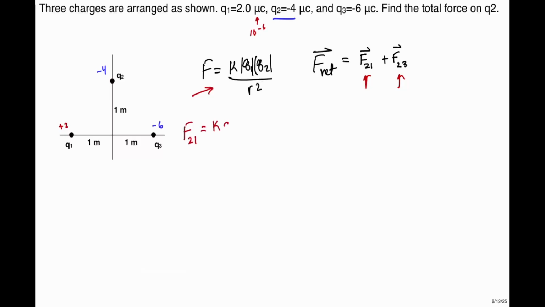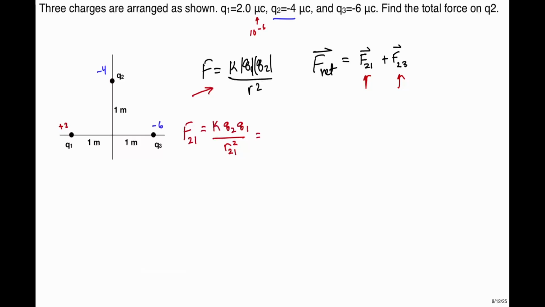I have to use charge 2, charge 1, and then the distance 2, 1 squared. See how I've picked up some subscripts here to keep everything organized? Okay. Now we can go ahead and plug in some numbers.